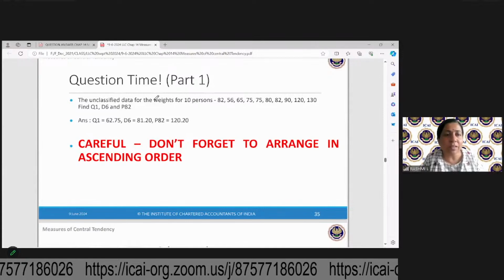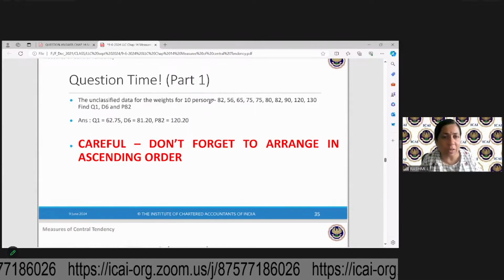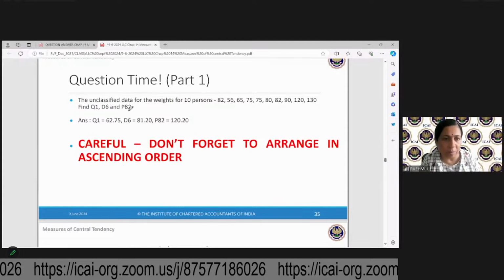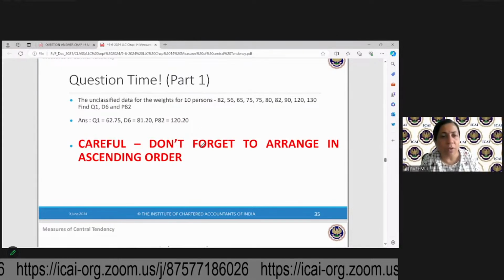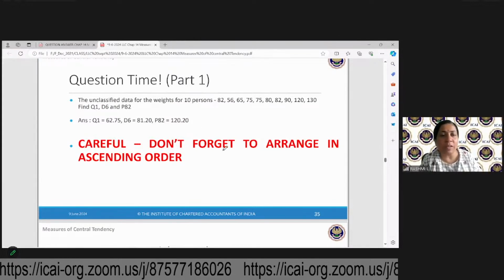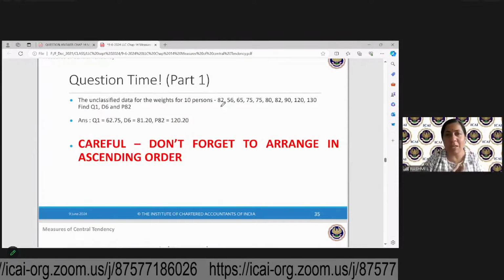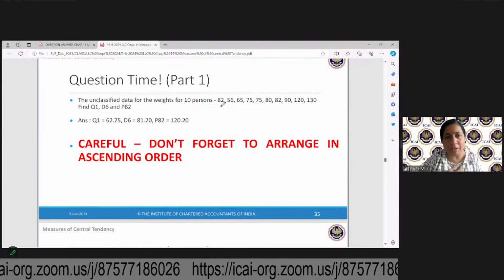Now, ungrouped data: the weights of 10 persons are given. Find Q1, D6 and P82. First and foremost, don't forget to arrange in ascending order. When you are given ungrouped data like this, you first have to arrange it.